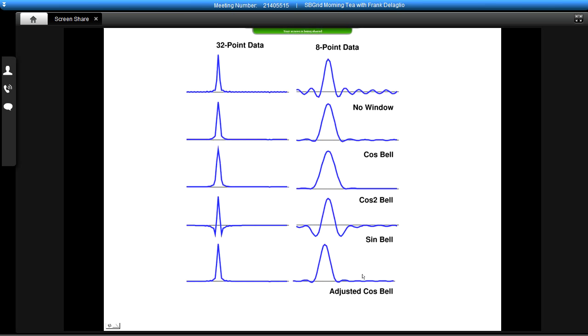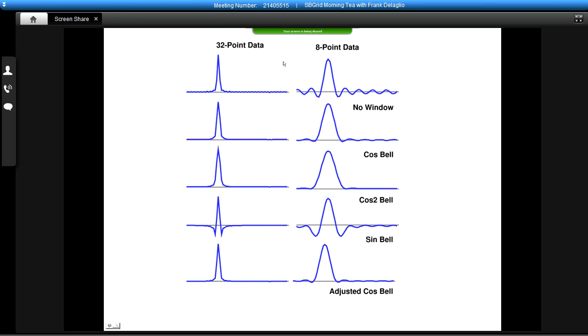but the situation for biomolecular NMR and its importance can be emphasized with this particular illustration. If we take, say, 32-point signals and reconstruct them with the Fourier transform, we get line shapes like this.